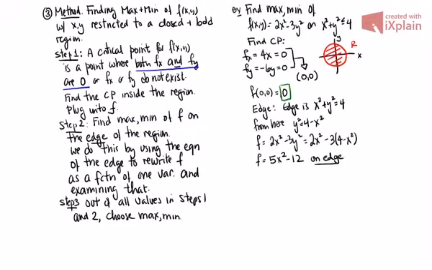Now, notice if I'm on the edge, x is between 2 and negative 2. That's because up here on the picture, this is a circle of radius 2. So on the edge, x is between negative 2 and 2.